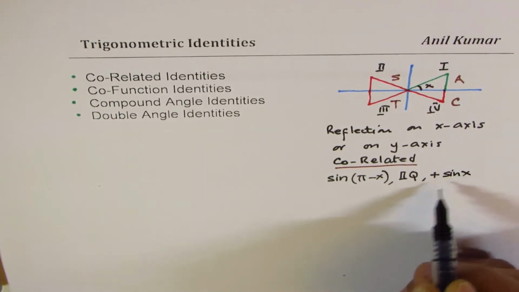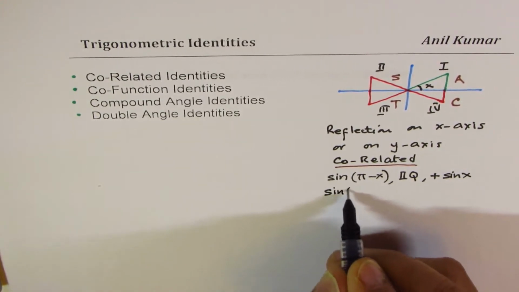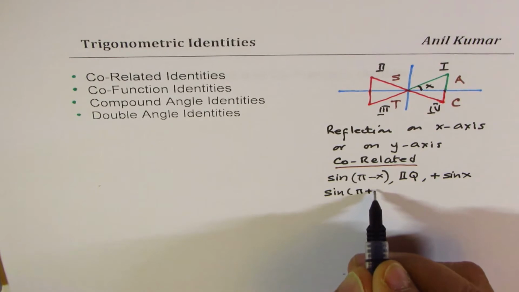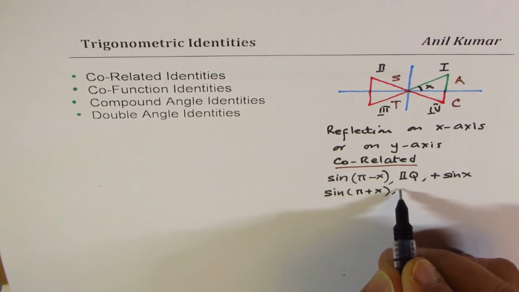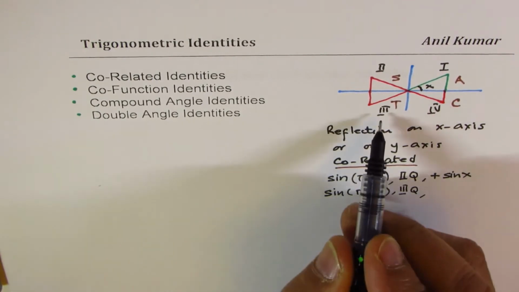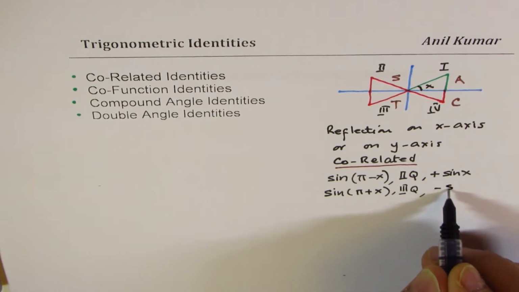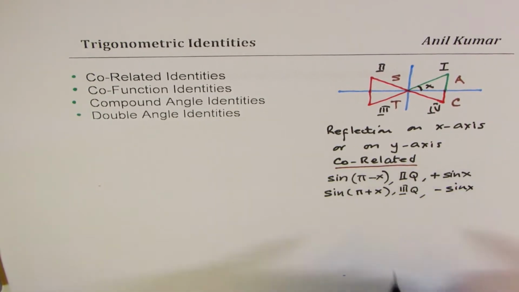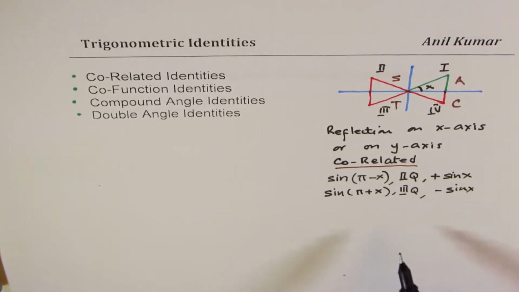So that is the relation. But if I do sine of pi plus x, then we'll end up in quadrant 3. So we are in the third quadrant, right? Now here, sine is negative, and therefore this is equal to negative sine x. So that helps us to remember all kinds of relations.